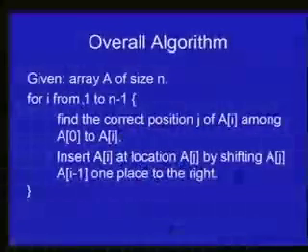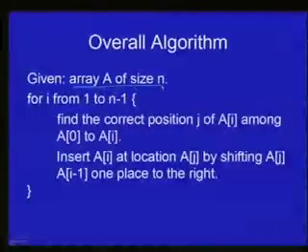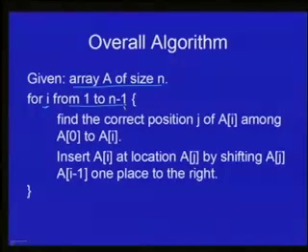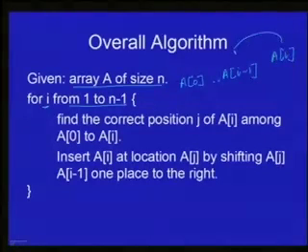Before we write the C implementation of this algorithm, let's look at the algorithm at a high level. So we are given an array of size n, and what we do is we run a loop for i from 1 to n minus 1, as we just saw, and in each iteration of the loop, we assume that A0 to A(i-1) are correctly sorted, and Ai is going to be inserted somewhere in its right place in the correct sorted order within this sequence, so that at the end of this step, the elements A0 to Ai are all correctly sorted.